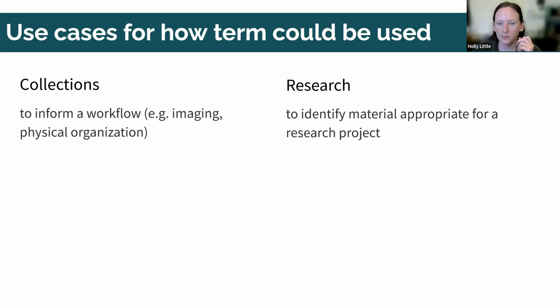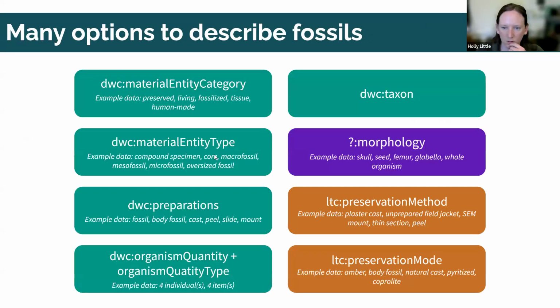And particularly of importance when publishing and mobilizing fossil specimen data with Darwin Core and how someone might search in GBIF, we want to make sure that a researcher is able to identify the material that is most appropriate for their project or research question. If you go to the next slide, I think we will have a good example.